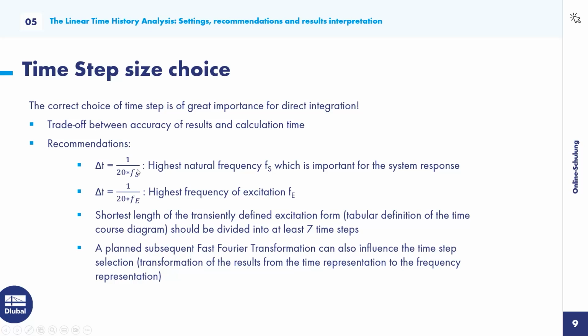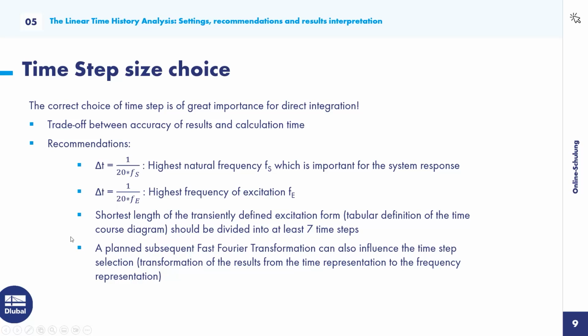That means you would pick the highest natural frequency, and the time step is the highest natural period divided by 20. That's the same as this formula: 1 divided by f is T, so T divided by 20. And the same as well for the excitation frequency Fe. Also here, Te divided by 20.